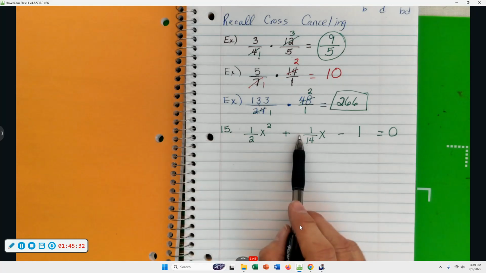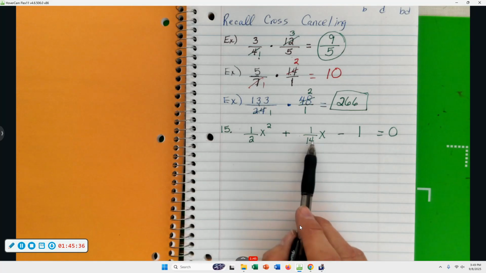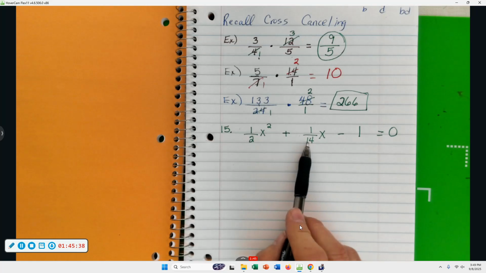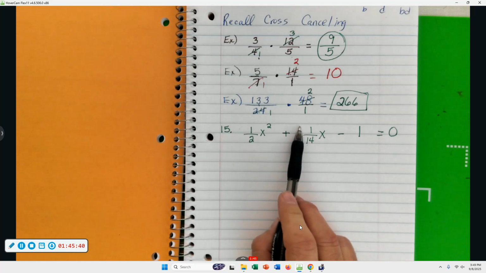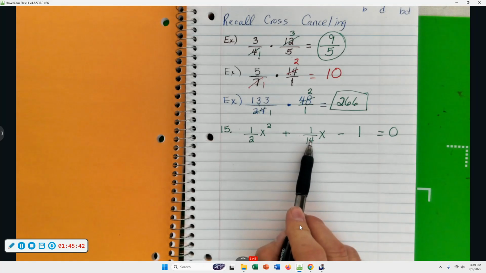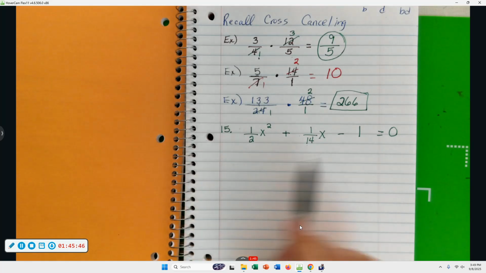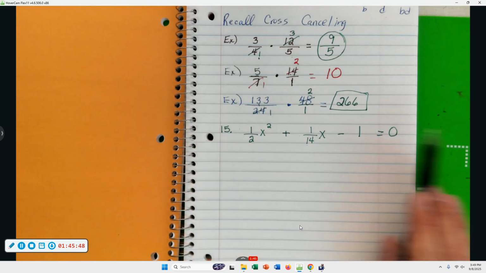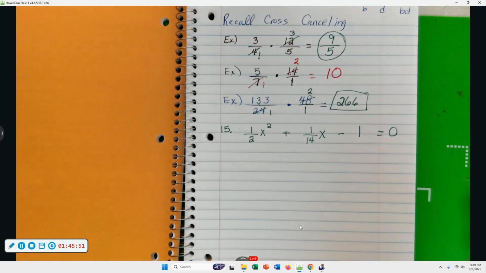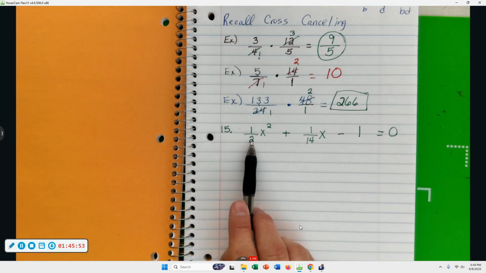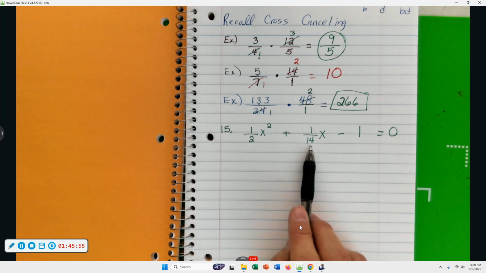But if I multiplied over here by 2, would it completely cancel out this denominator? If I multiplied by 2, this would give me a 7 here. So I still have that denominator. Can y'all tell me what number could I multiply straight through by that'll cross cancel with both the 2 and the 14?